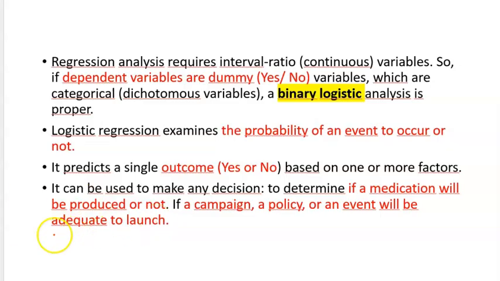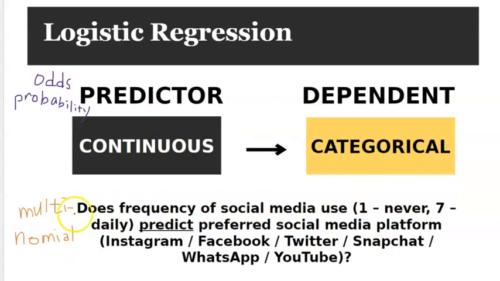And then you have, and I didn't write it here, the ordinal logistic regression. That is a bit different from the multinomial. When you choose the ordinal logistic regression, there will be a degree of high and low in your dependent variable. Here the dependent variable is Instagram, Facebook, Twitter, etc. There is no degree of high or low.